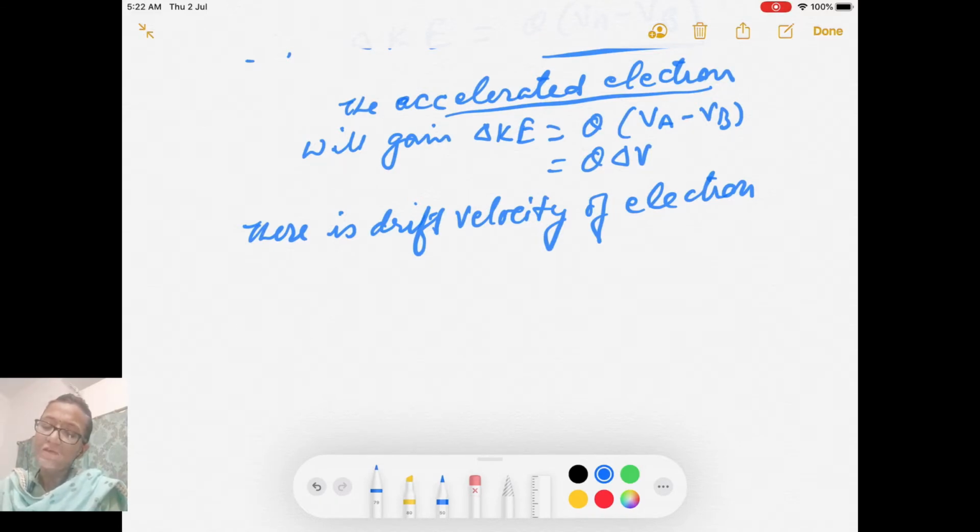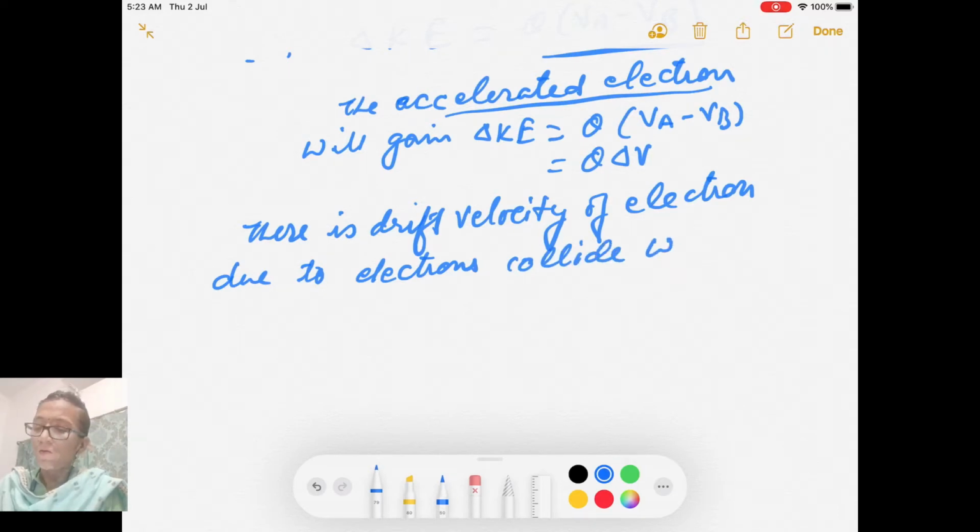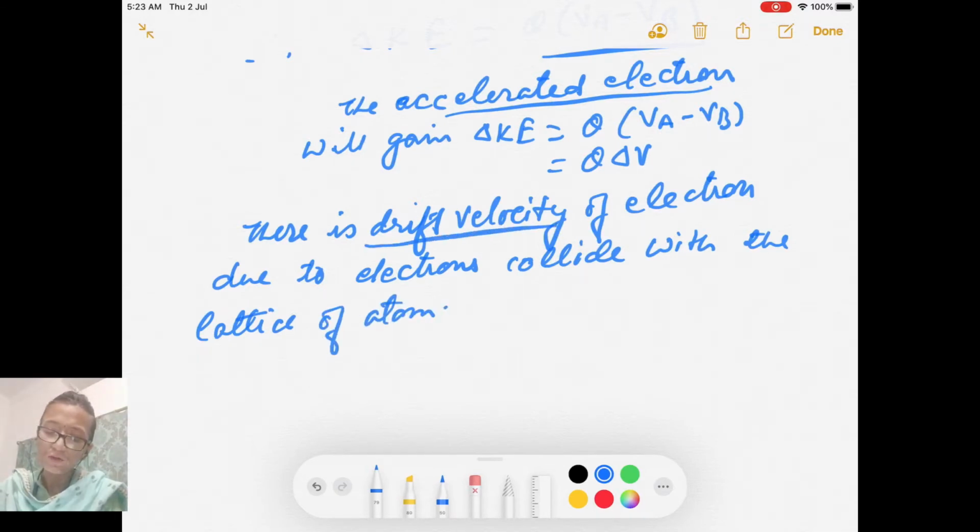So there is drift velocity of the electron because the electron collides with the molecules, with the lattice of the atom. And what is drift velocity? This is actually uniform velocity.